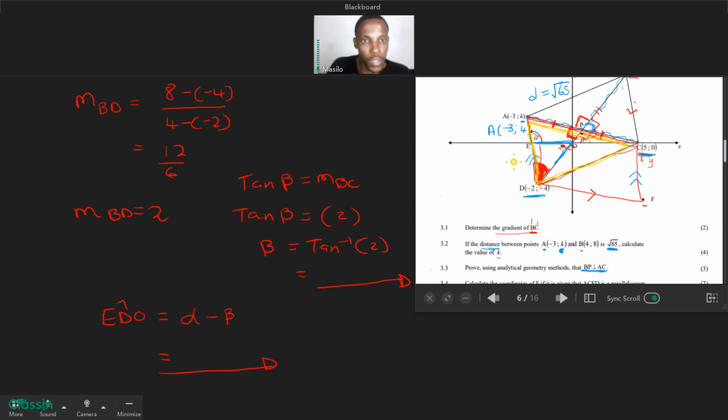So now we know the length here is a root of 65. We know we can find the length there. We know this angle. We know this one. We can find the length here. We can find the angle there, and we can also find the distance. Therefore, we will use those two sides.